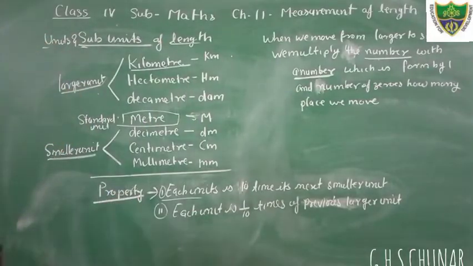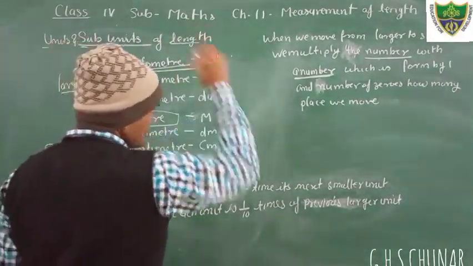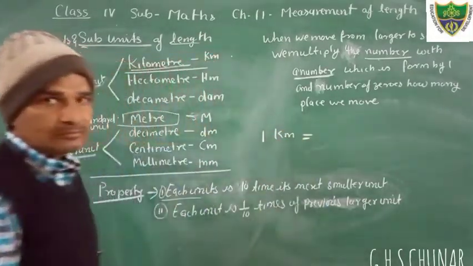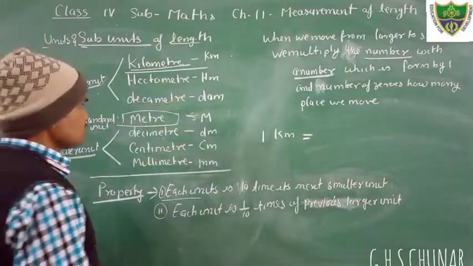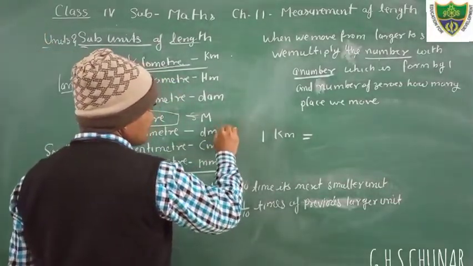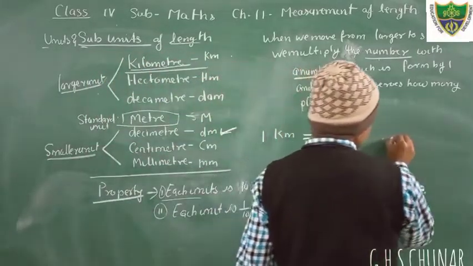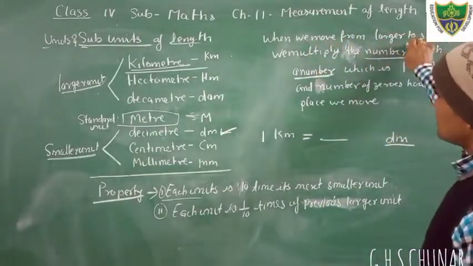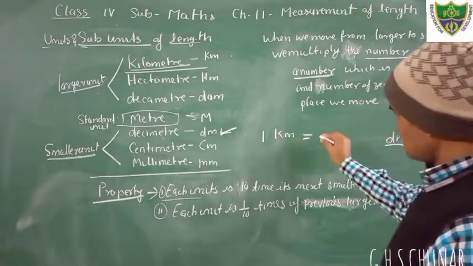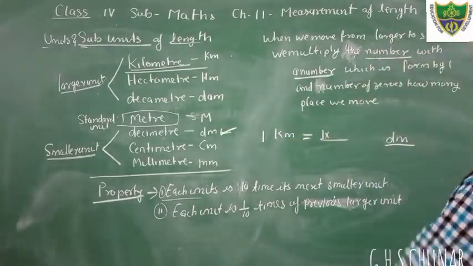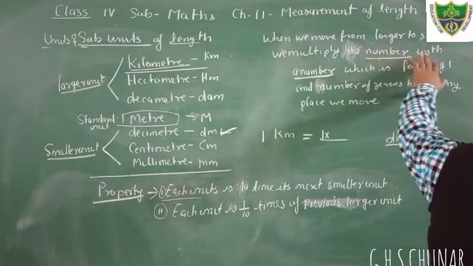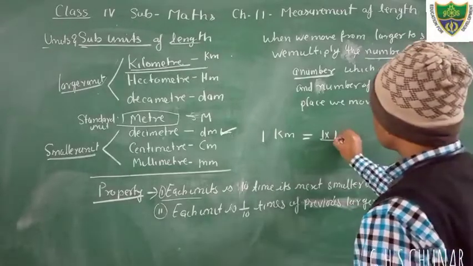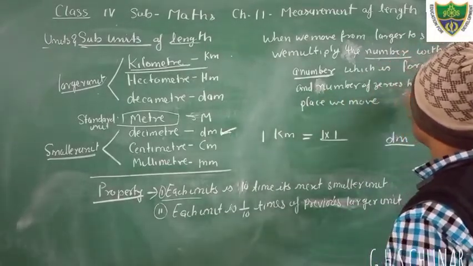That means here you see, if you want to convert 1 kilometer into decimeter: according to the rule, when we move from larger to smaller, we multiply the number. Here the number is 1, and we multiply it with a number formed by 1 and a number of zeros.